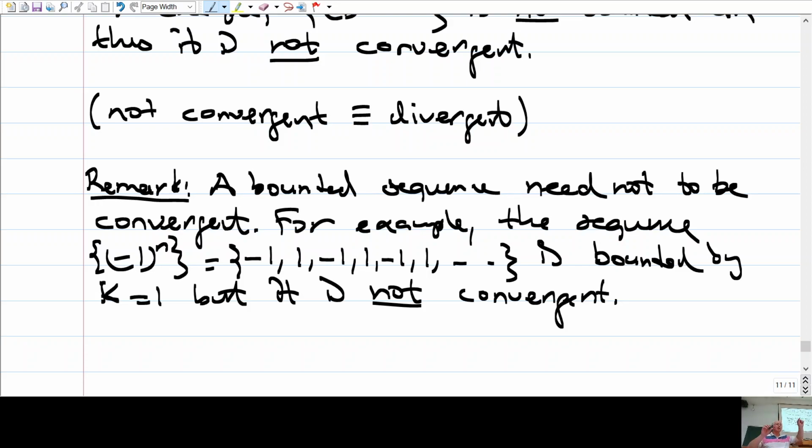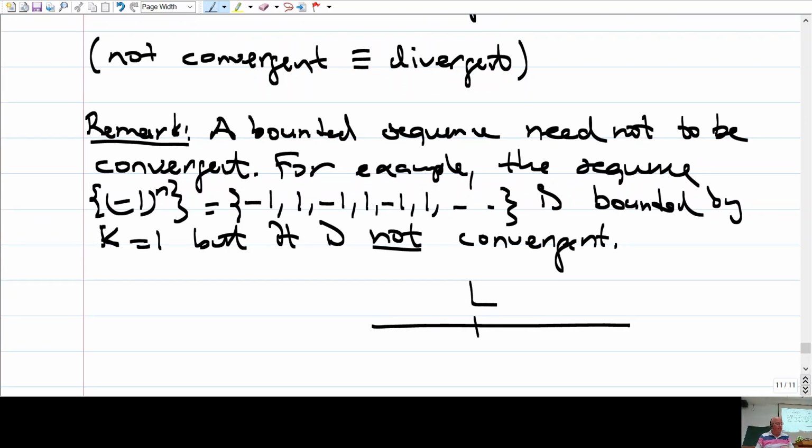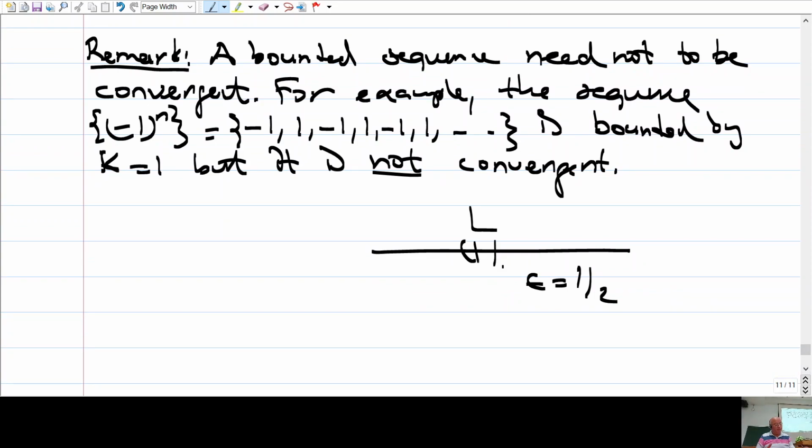It is not convergent because it doesn't get close to any number, right? If it has a limit, let's say L, then what would happen? If you choose, let's say, epsilon 1 over 2, then all the terms of the sequence should be in this radius, right? So between L minus 1 over 2 and L plus 1 over 2.